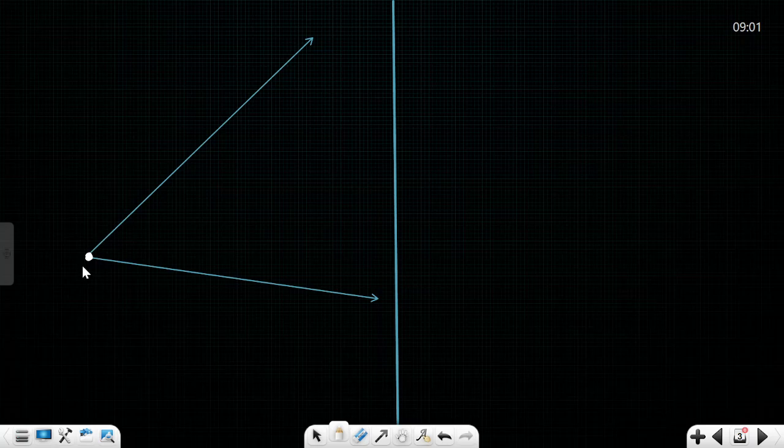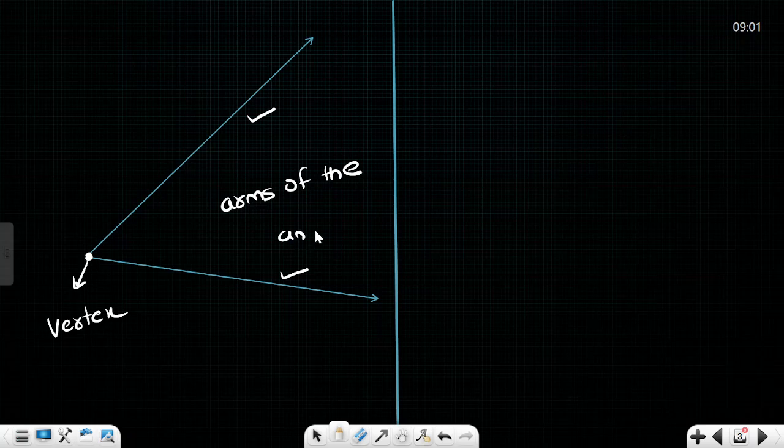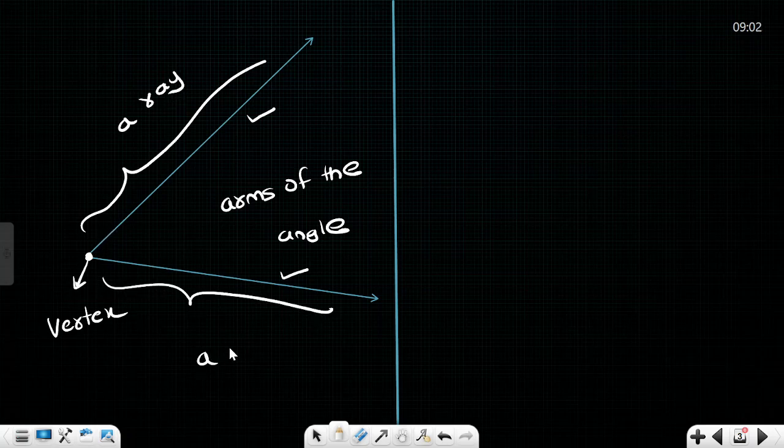This is called the vertex, and this one and this one are called the arms of the angle. If you see carefully, this is a ray which has one endpoint and is extending, and this is also a ray. So this is how an angle is represented, Akshita.